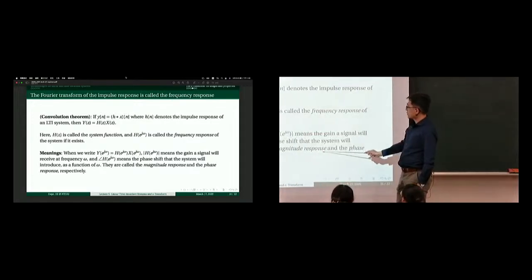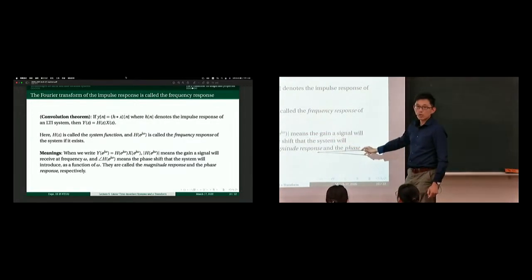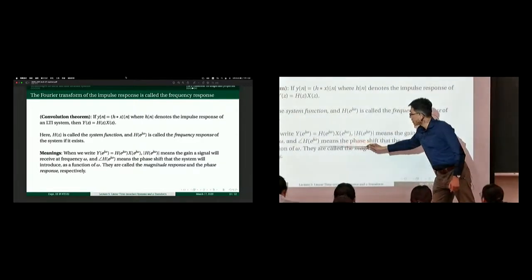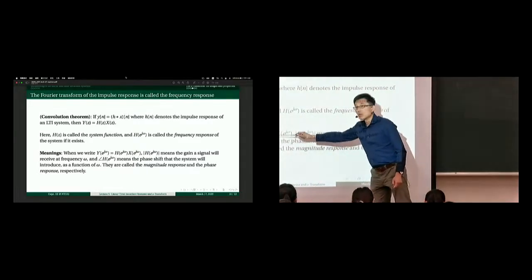And we mentioned previously that this term is called the magnitude response, whereas the argument, or the angle, of this, and note that in general this is going to be a complex number, so you can talk about the angle.